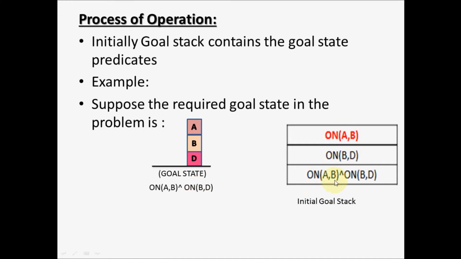So initially on(A,B) and on(B,D) together is placed on the stack, and then we separate out on(A,B) and separate out on(B,D) and add them individually. So this is how the initial goal stack would look like. Since initially the stack contains the goal conditions, that's why the stack is called a goal stack.